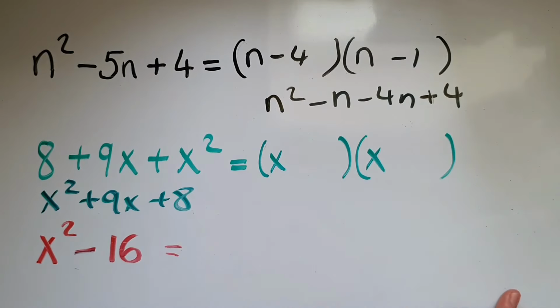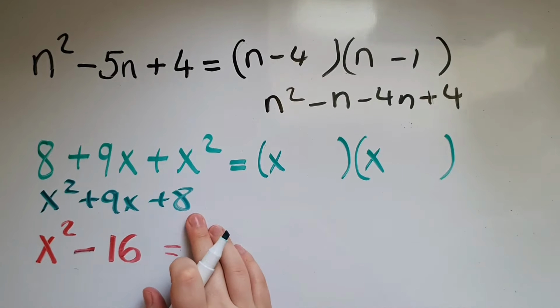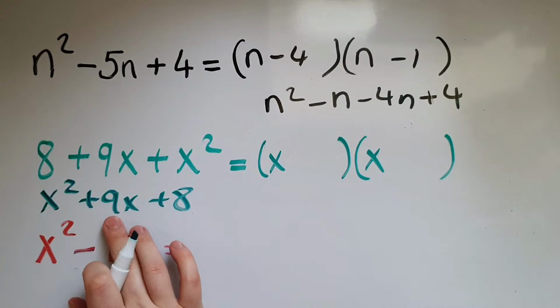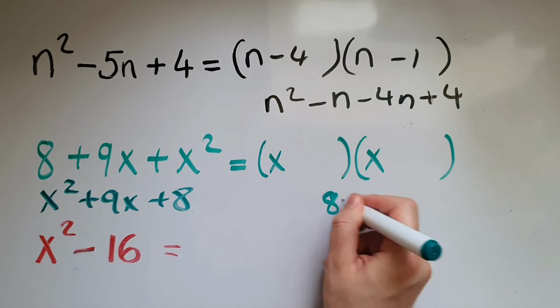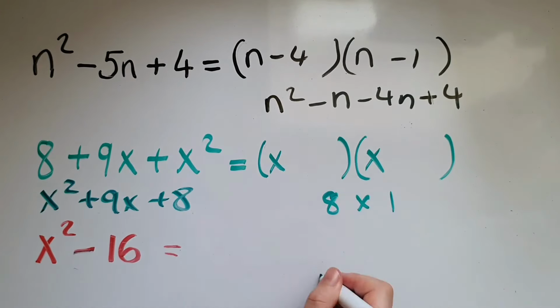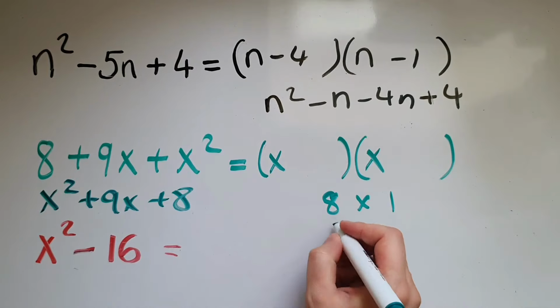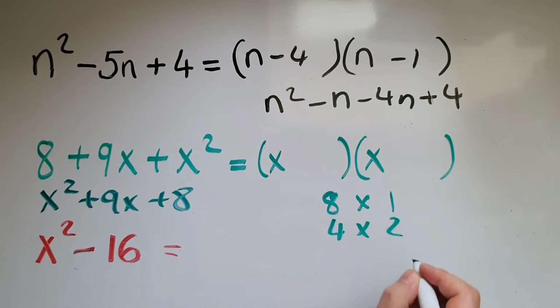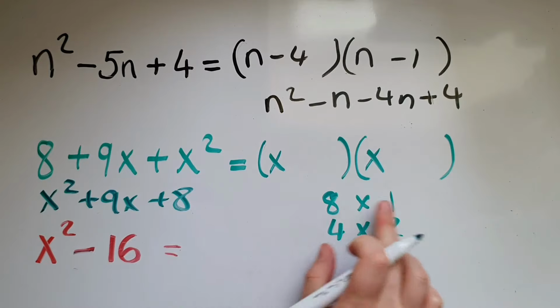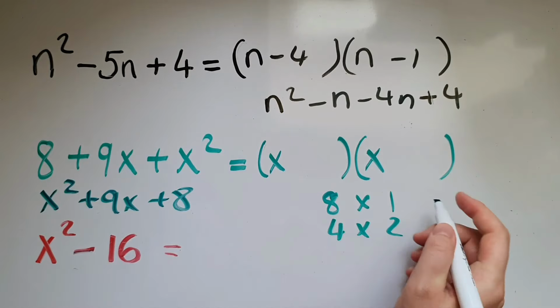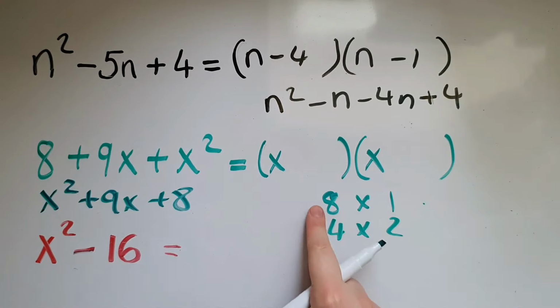We get x in both of them. Now we're looking for two numbers which when we multiply, they're going to give us 8, and when we add them, they're going to give us 9. So 8 times 1 makes 8, and 4 times 2 makes 8, but 8 times 1 is the pair we're after, because 8 add 1 gives us 9.